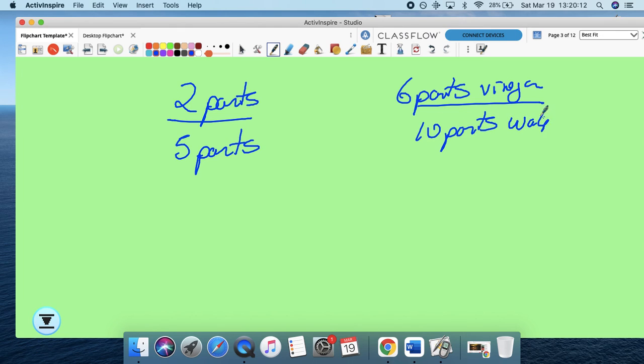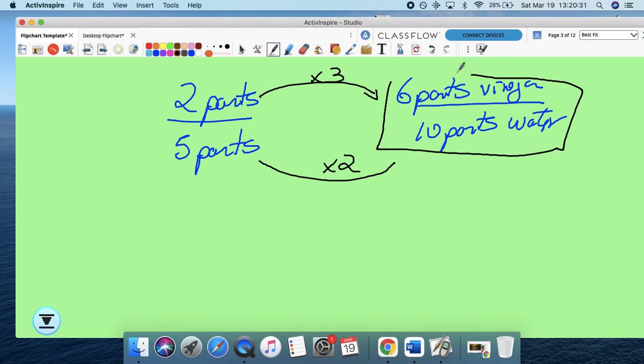Did they use the correct ratio? Well, let's check it out. What's the multiplier here? Times 3. If they used the same ratio, this should have been times 3. Is it times 3? No, it's times 2. So the ratio that they used has too much vinegar.